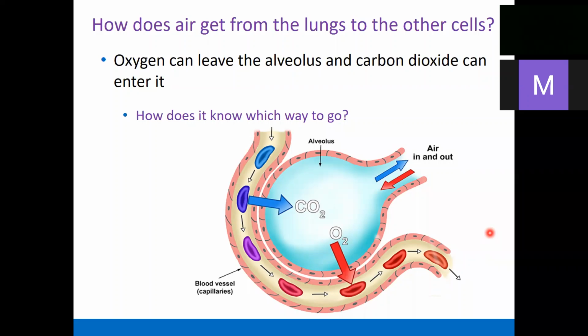This is a really important question to answer. If you know that the gases move according to the partial pressures, from the highest partial pressure to the lowest partial pressure space, then you get the answer. We will talk about it in a few minutes.